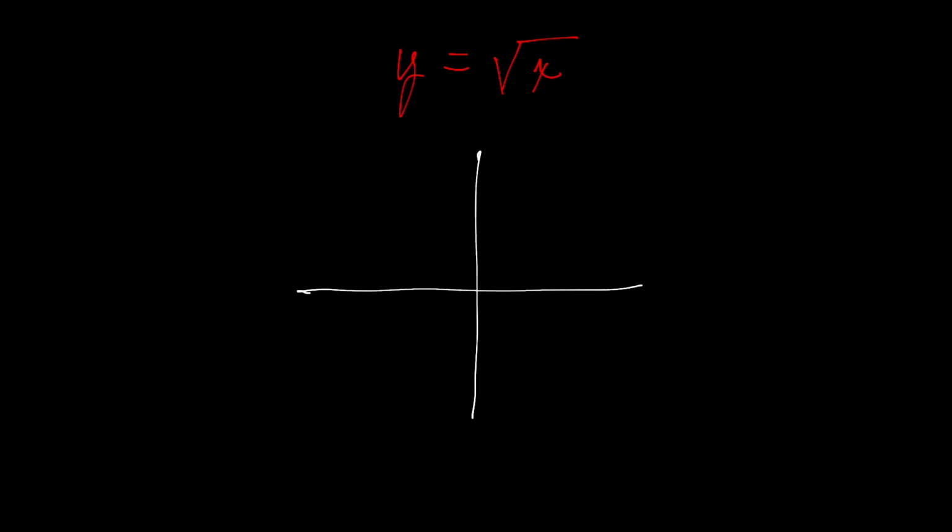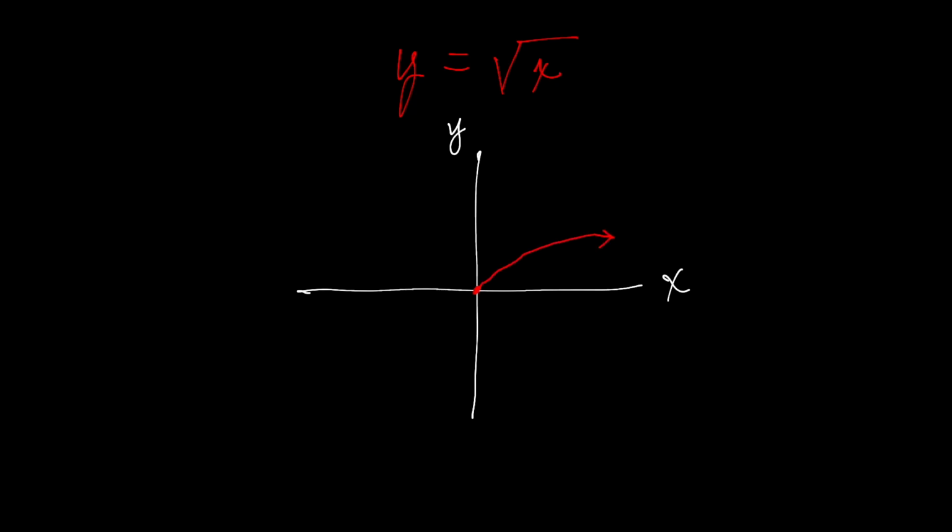All right, let's consider the next one here. I have y equals the square root of x. So what did that parent function look like? Here is our x and our y-axis, and it starts at 0. Square root of 0 is 0, and it ends up looking like this.